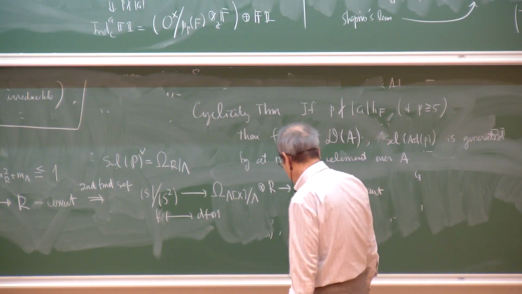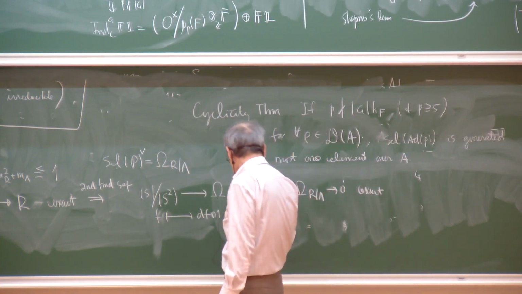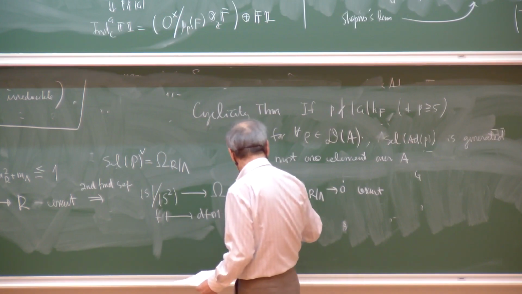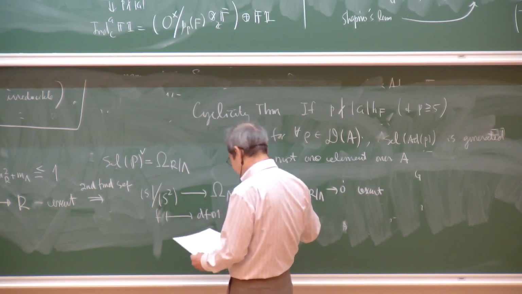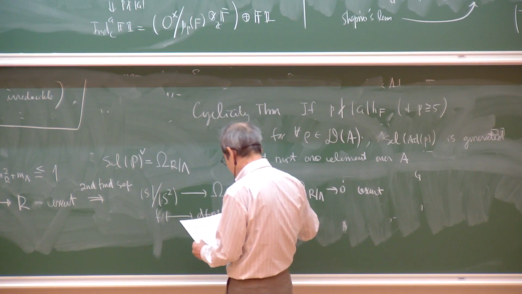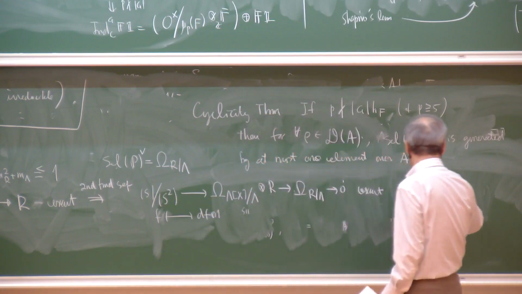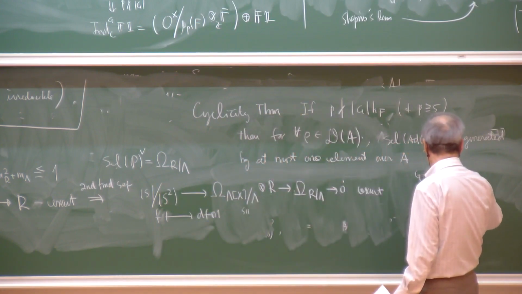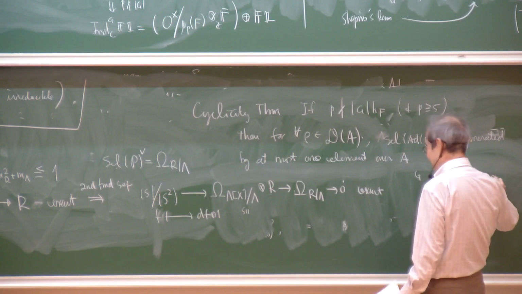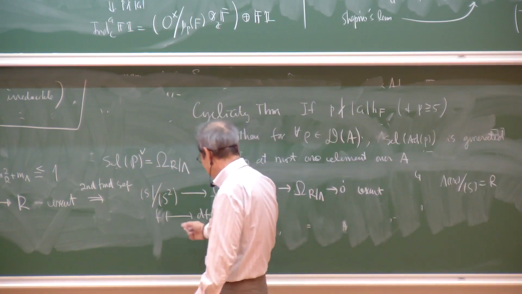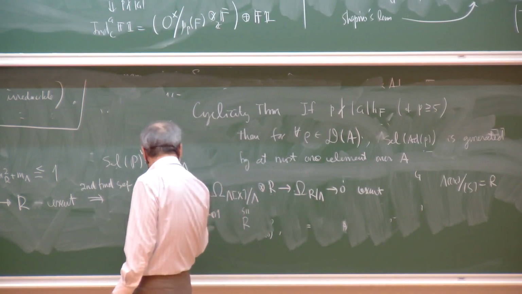So this is... no, I made some error. Yeah, this is fine. So lambda bracket X over S is R, right? So this is R, and this is R free module.